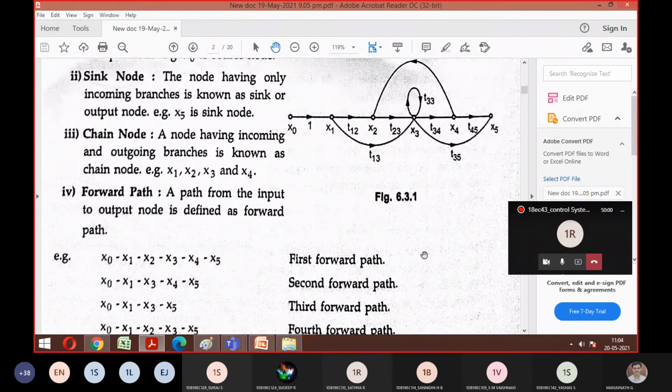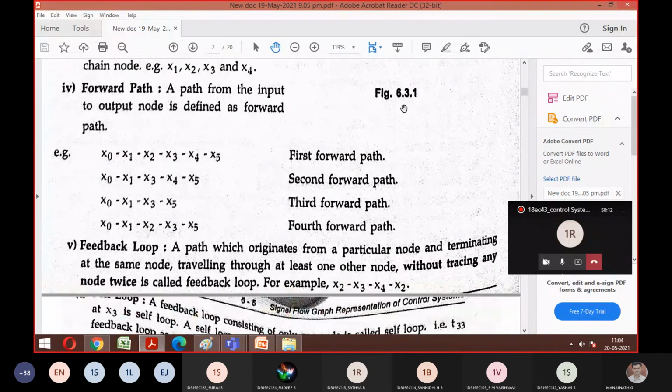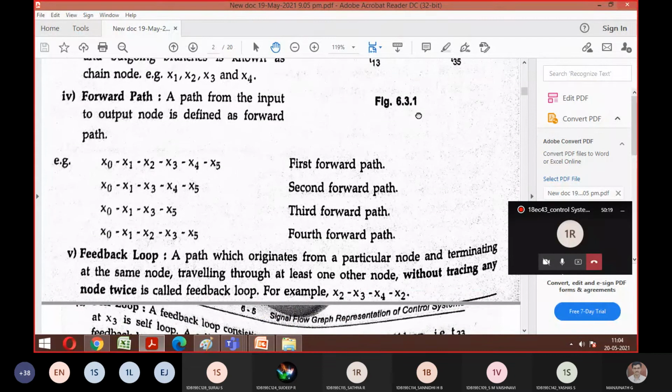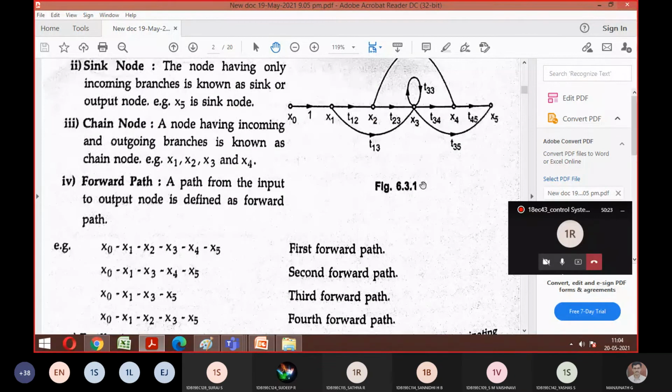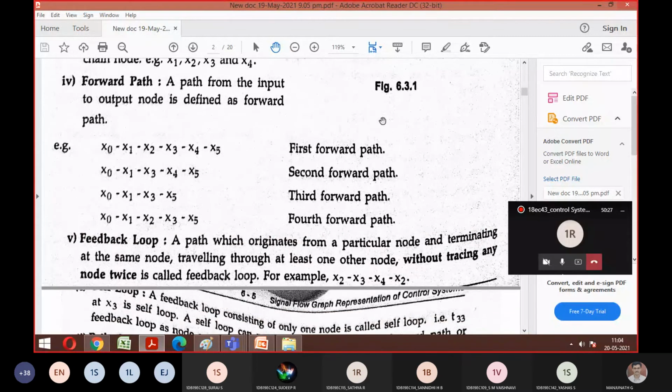You can look at this example, where I can find my feedback. x4, and again if you come back it is going to x2 only. Is it satisfying the condition? It originates at x2 and terminates at x2, traveling through at least one node. It doesn't mean that it should not be more than one. So here it is happening through x3, x4. Am I clear?